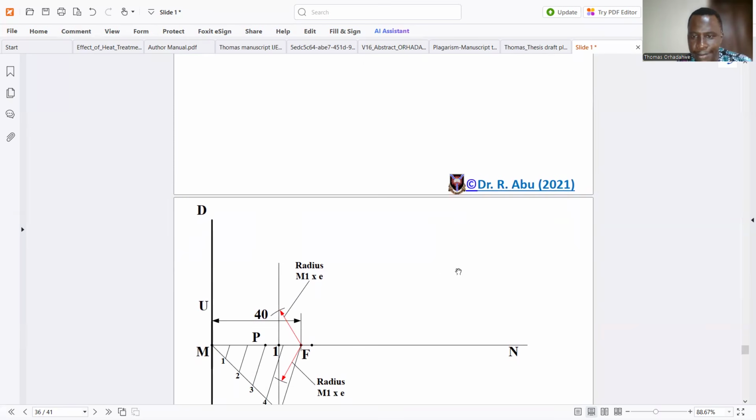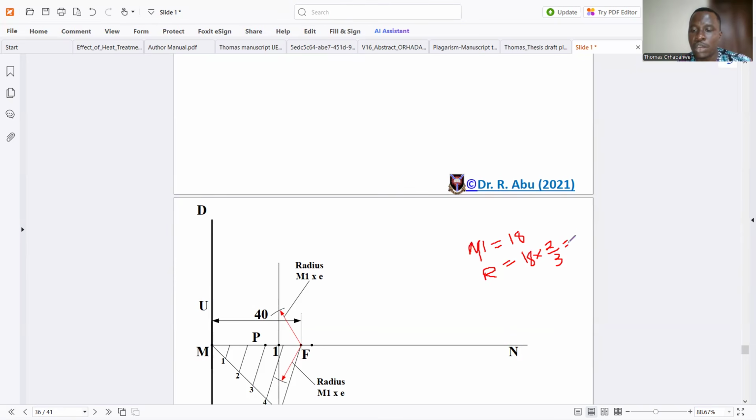Let's assume radius M1 is equal to 18. So what you want to do is M1 times E. So the radius will be 18 times 2/3. 3 into 18 is 6, times 2, that's 12.